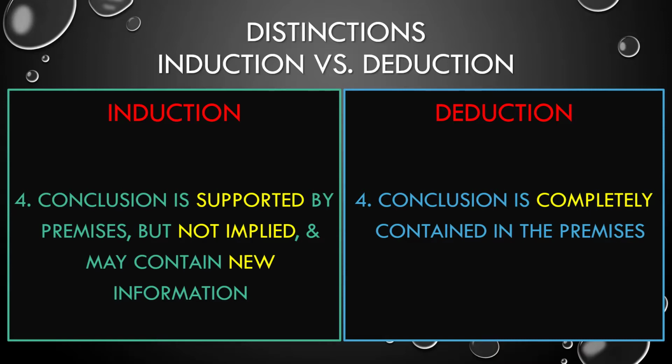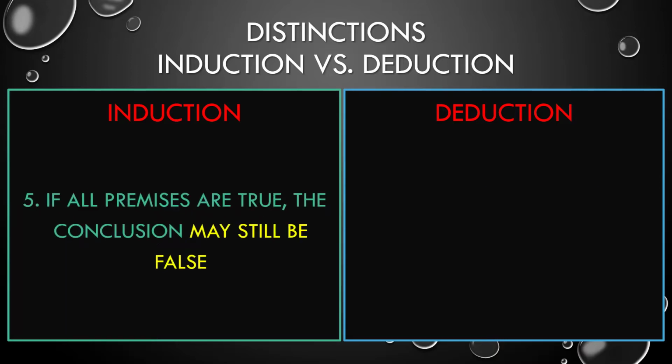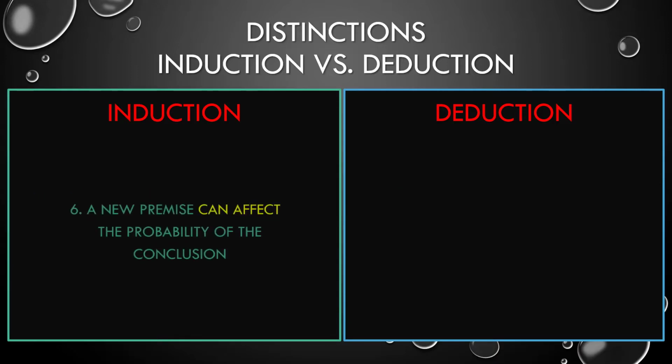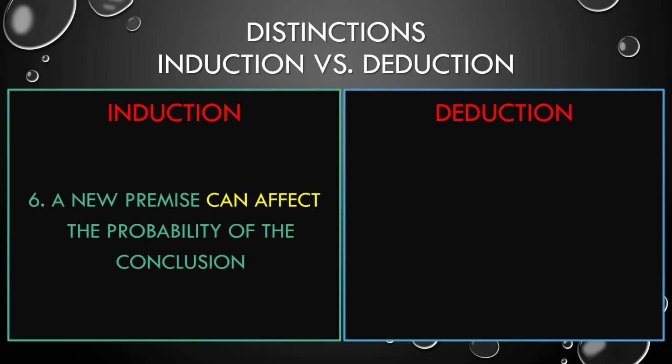In induction, if all premises are true, then the conclusion might still be false. In deduction, if the premises are true, and it's a valid argument, then the conclusion must be true. It's not even possible for it to be false. Hence the strength of a deductive argument over an inductive argument. With induction, the addition of a new premise can affect the probability of the conclusion.